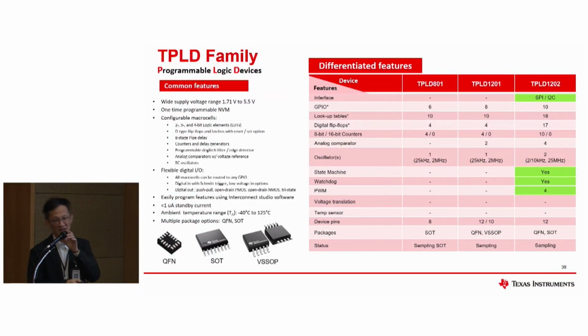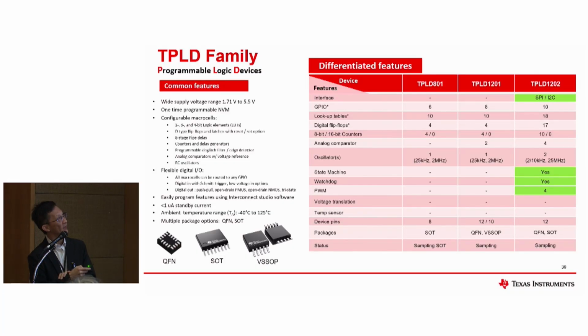Okay, so in terms of our PLD, this is something new. Currently we only have 3 products under the PLD. You can see on the right, the simplest one is the so-called 801, followed by the 1201 and the 1202, right?